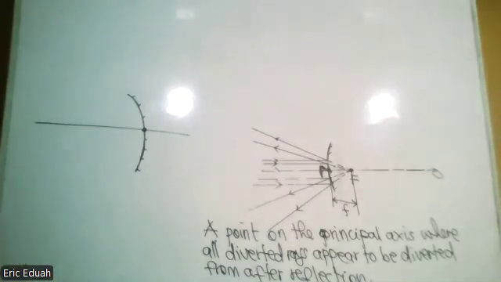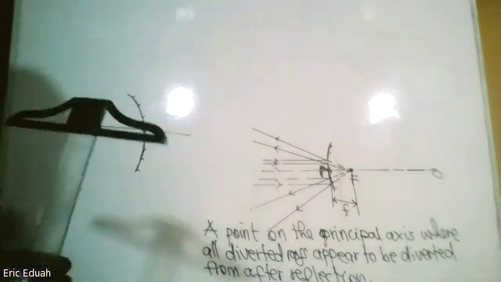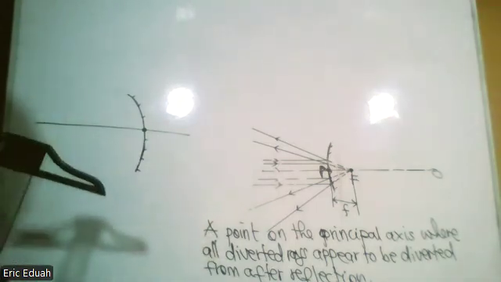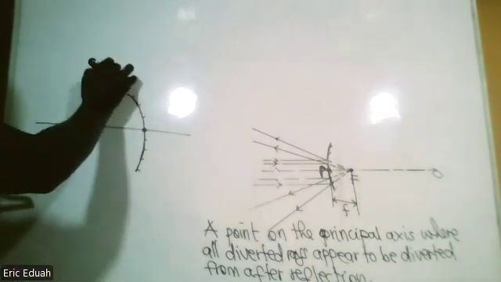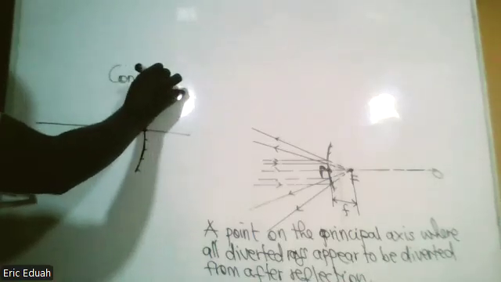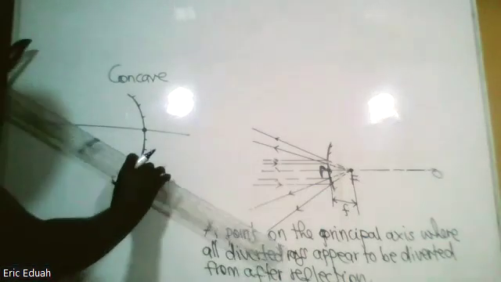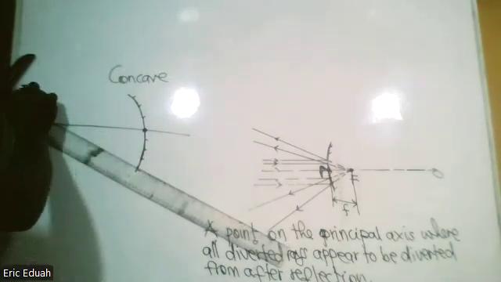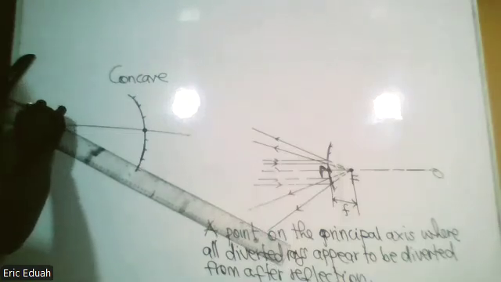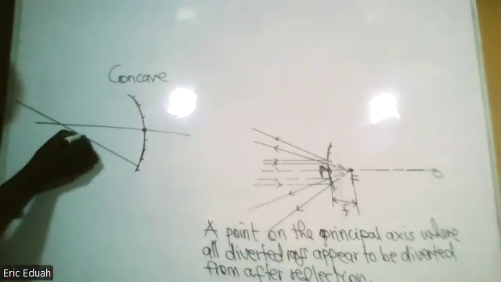There is another point. I said all the points apply to both concave and convex. So when I finish, I would use the other mirror to also explain. For now, this is concave. Now there is also another point on the principal axis such that irrespective of wherever a ray is propagated from. So this is a ray.